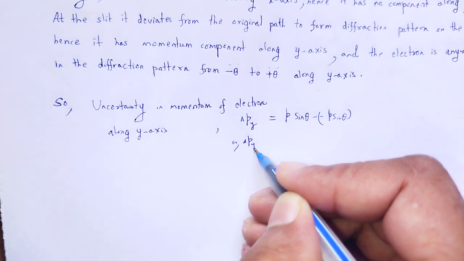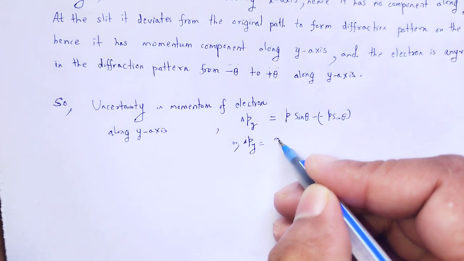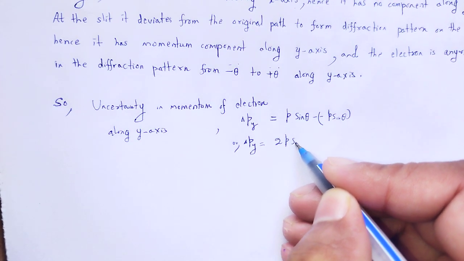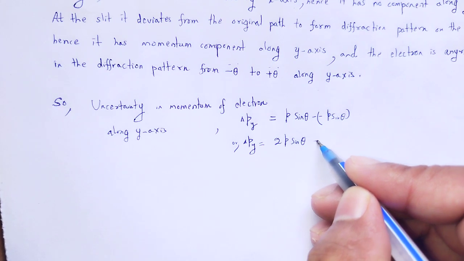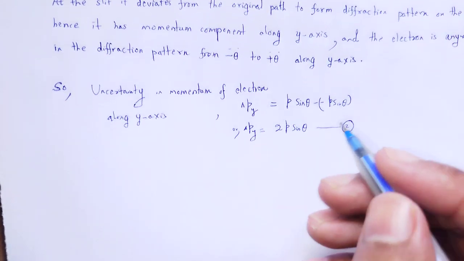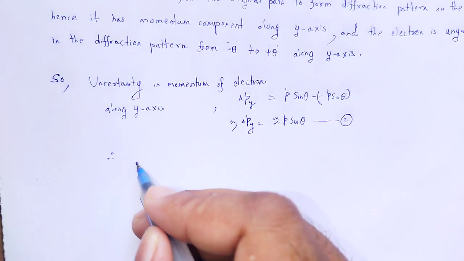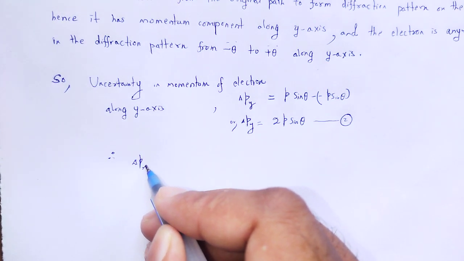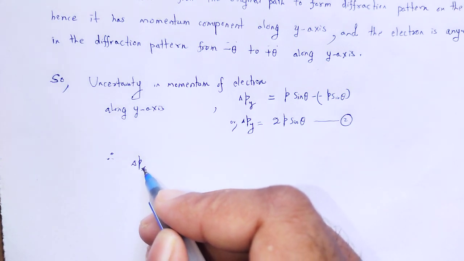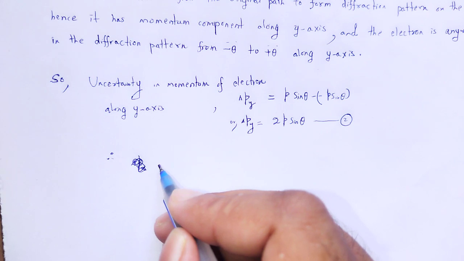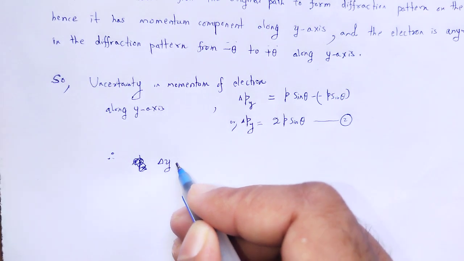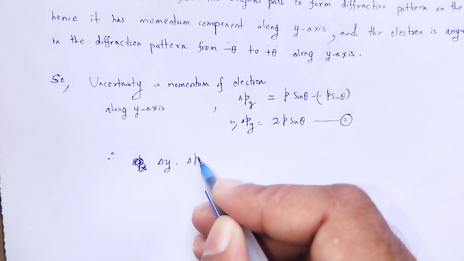Or del py is equal to 2p sin theta, that is equation number 2. Therefore, position del y, momentum del py.